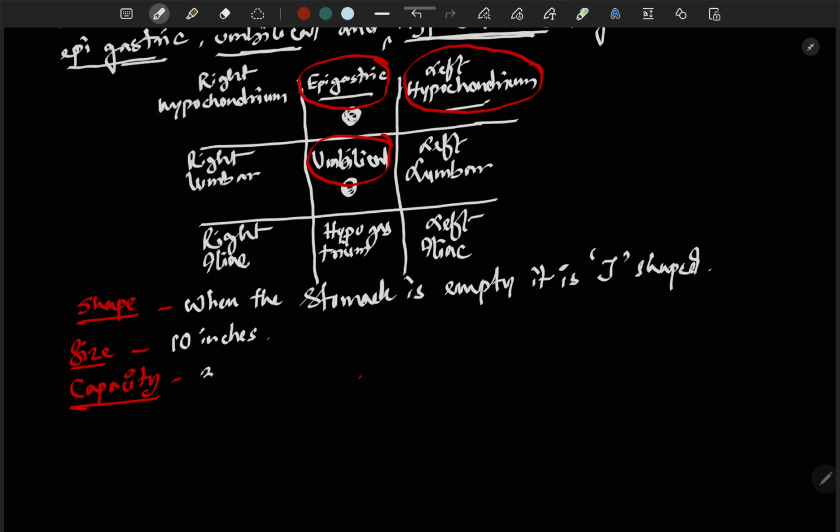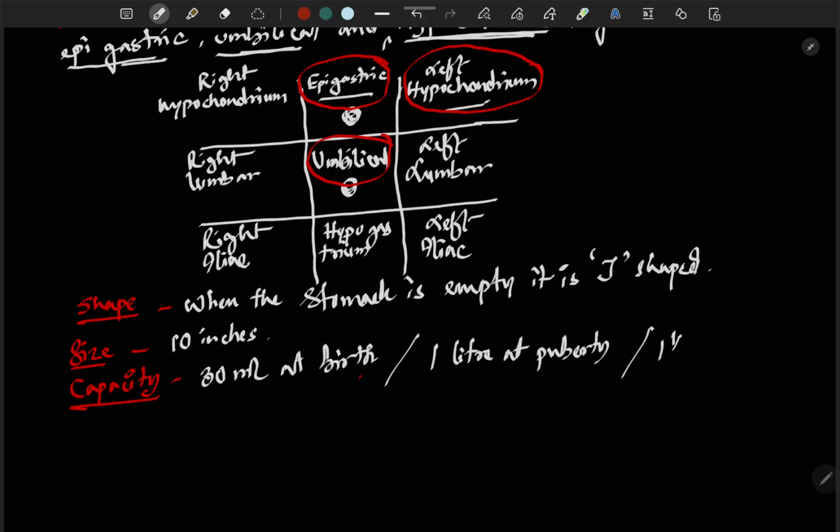Next, we will study the capacity of the stomach. The capacity is 30 milliliters at birth, 1 liter at puberty, and 1.5 to 2 liters in adults.